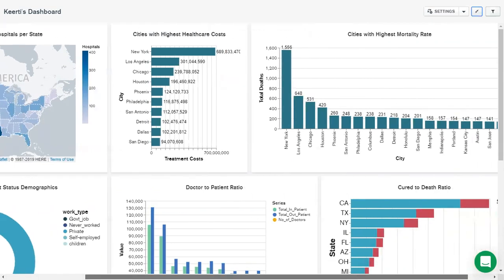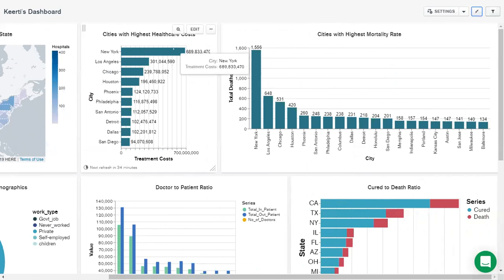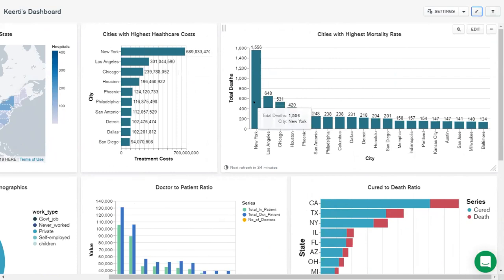In the bar charts, we are calculating the treatment costs and mortality rates in different cities. New York is spending the most on healthcare treatment, and New York also recorded the highest mortality rates, followed by Los Angeles.